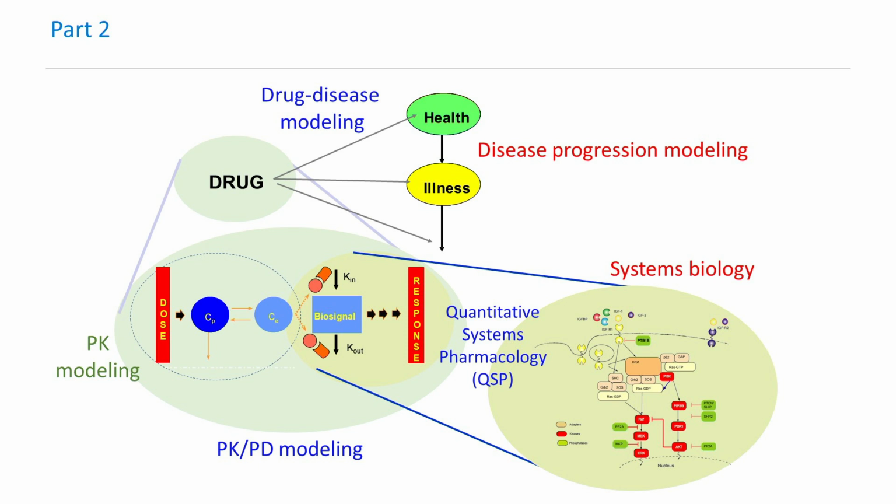First thing we're going to talk about is no PK and the disease progression and systems biology modeling that I spoke about earlier, which actually are understanding the disease without any intervention. Then we'll look at how the drug impacts disease progression, how the drug impacts pharmacodynamics on a rather macro level, and how the drug impacts pharmacodynamics on a micro level by talking about quantitative systems pharmacology.